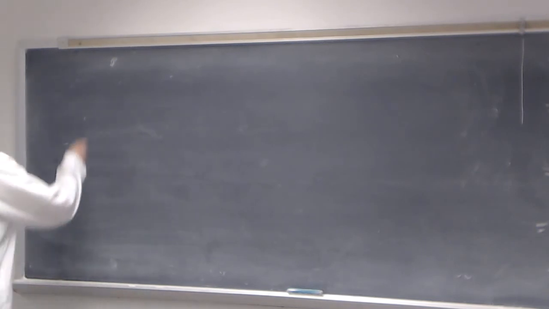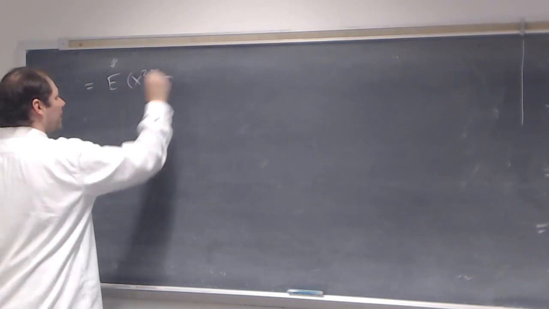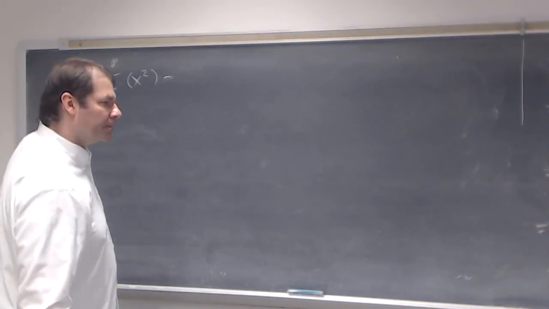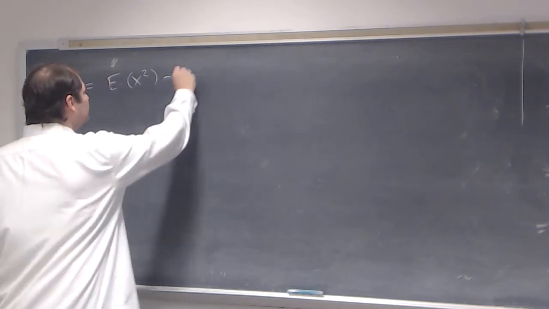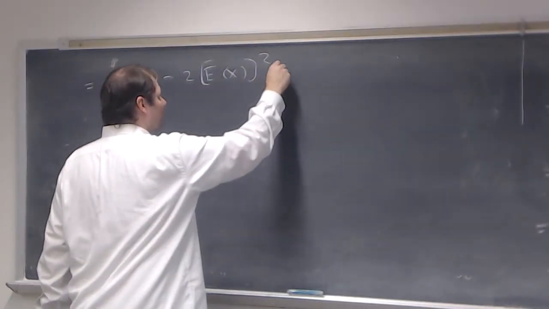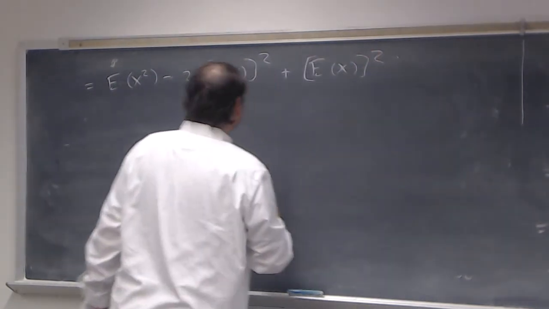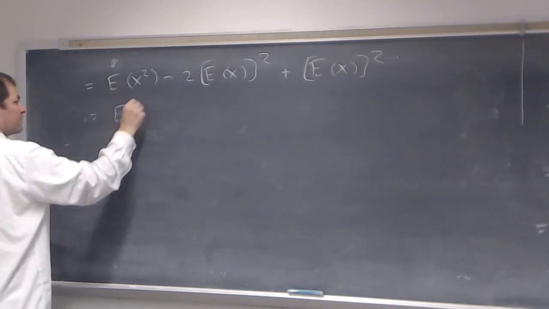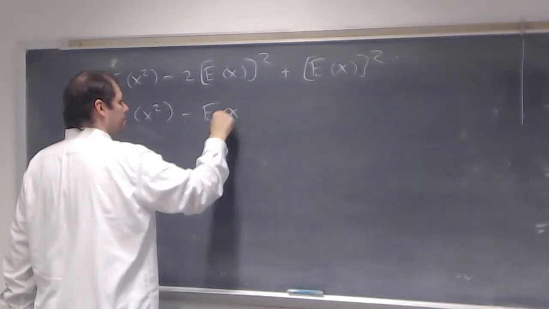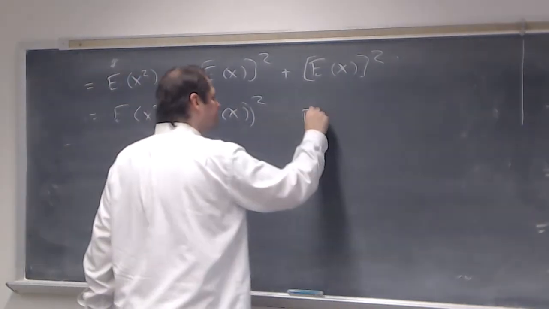And so what that's equal to is the expected value of x squared and then minus 2 times the expected value of x to be squared plus the expected value of x to be squared. And so that ends up giving us the formula that we were looking for, or we said was true. That's the proof.